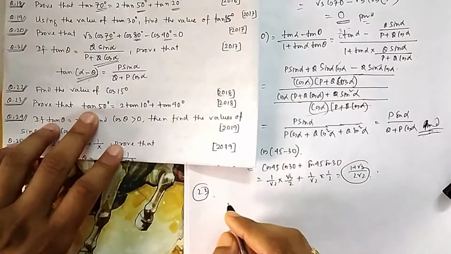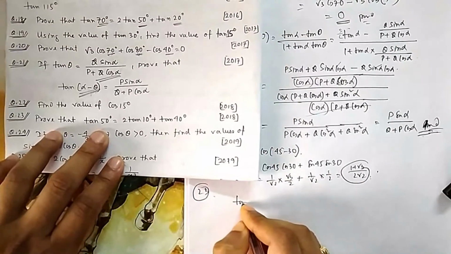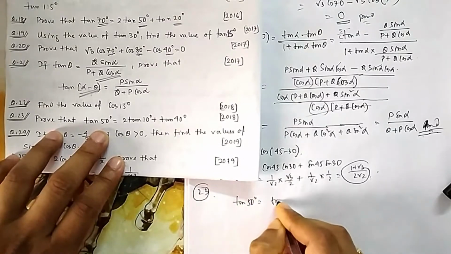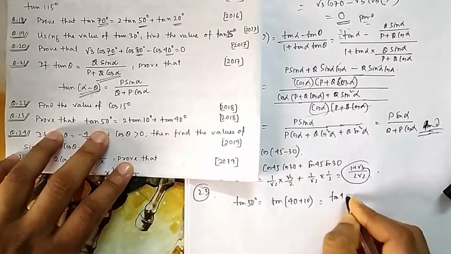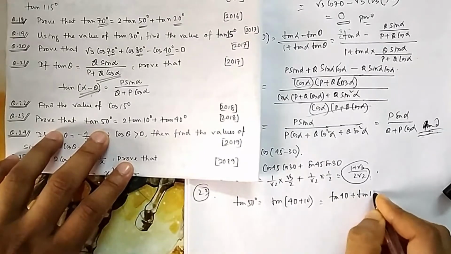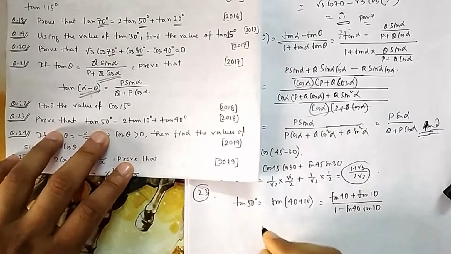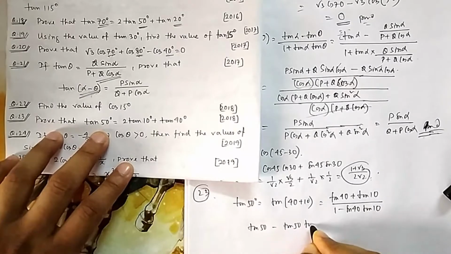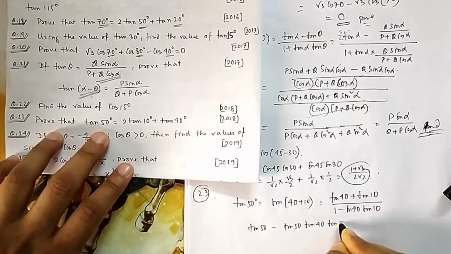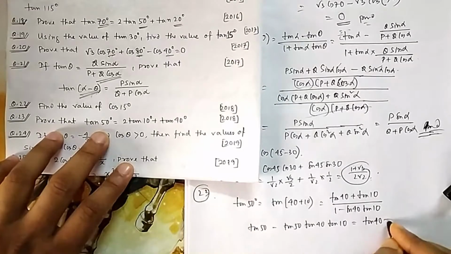Question 23: prove that tan 50 is the same as tan 70, or similar. You can do it in the same fashion. Let me do it one more time. It is tan of 40 plus 10, but this time let me skip some steps. Tan 40 plus tan 10 over 1 minus tan 40 tan 10. If we take the product, it will be tan 50 minus tan 50 tan 40 tan 10, and then it will be tan 40 plus tan 10.